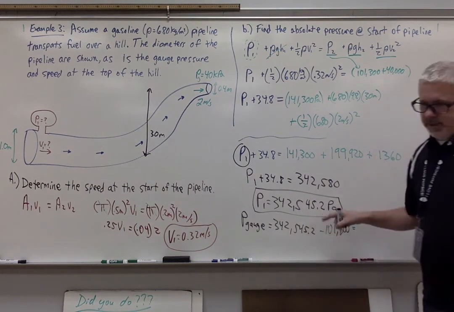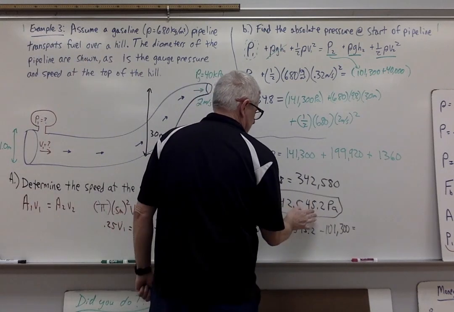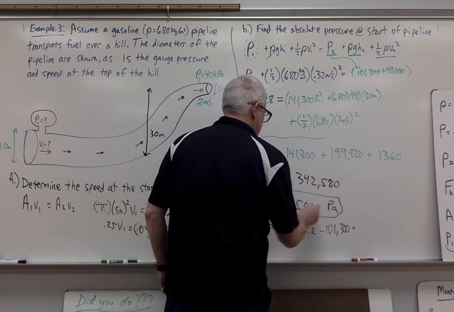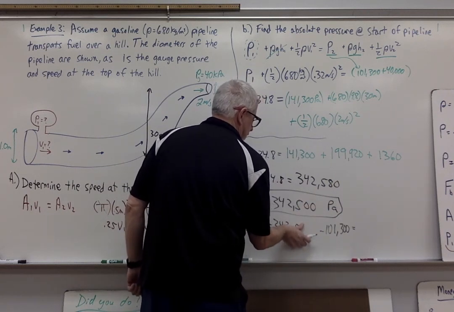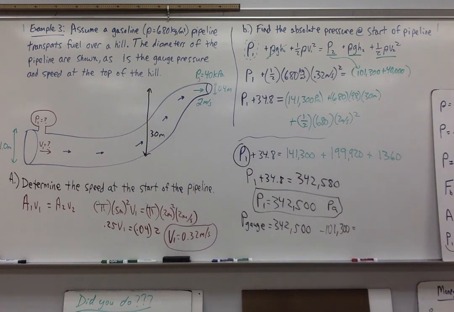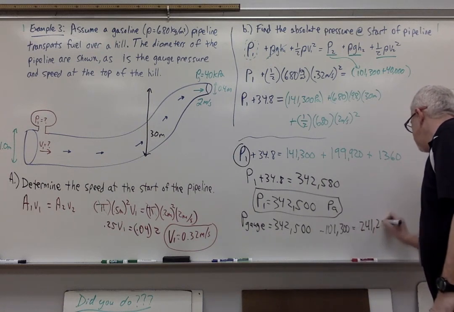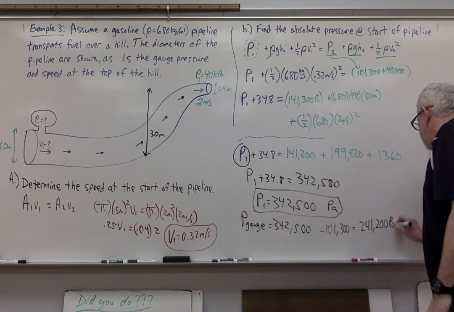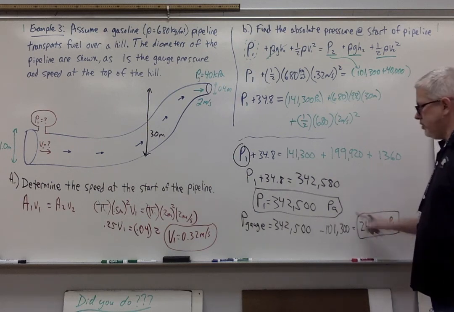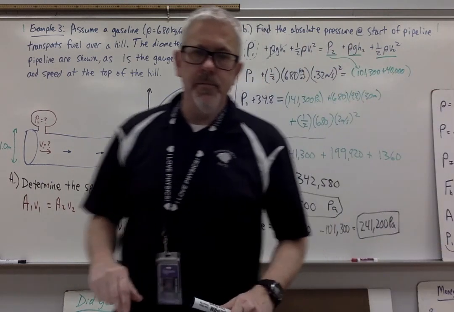I forgot that that's where I was stopping, so I will end up rounding that. We're going to round that to 342,500. 342 minus 101 is 241.2 kilopascals. That would be the gauge pressure. This is absolute. So that's how you go through a Bernoulli's problem.